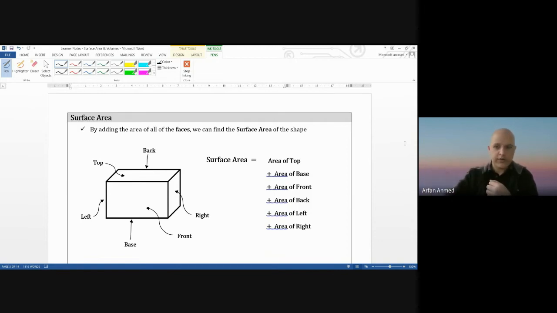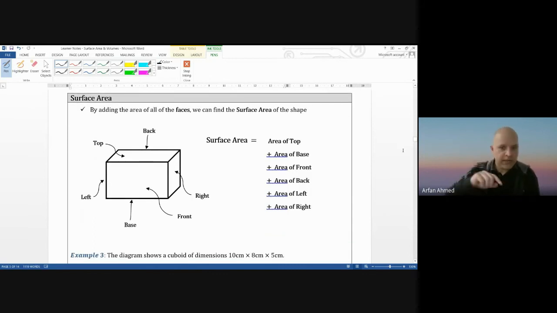You'll have to work out the areas separately. Some will be the same, like the front will be the same as the back, the top will be the same as the base, and so on. Depends on the shape. You just have to add all the areas together, and your answer will still be in centimeters squared because it's still to do with area. So very different to volume.